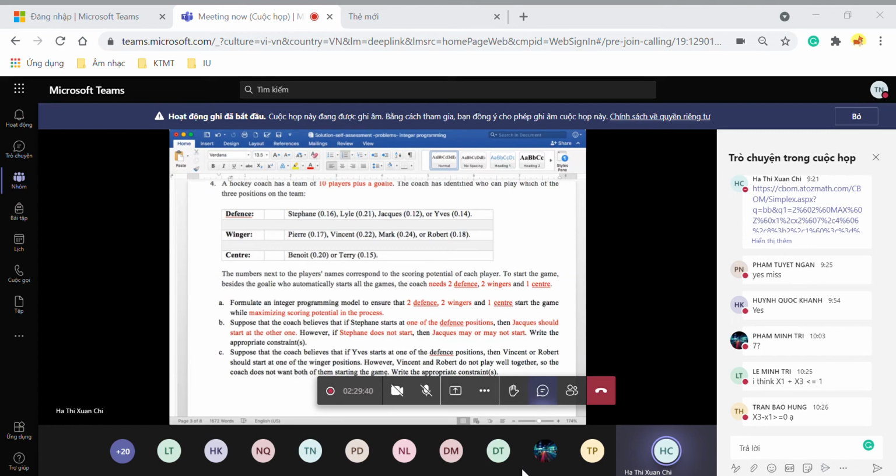So if that happens, the coach doesn't want both of them. If that is no, and both no, so I think in this case we can write it.